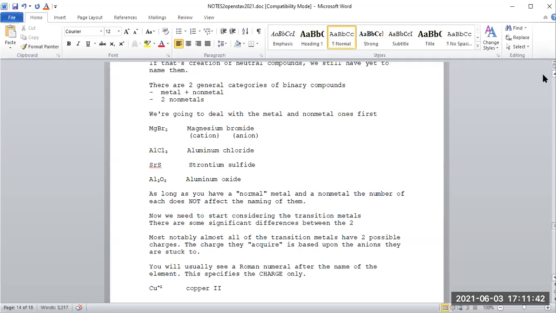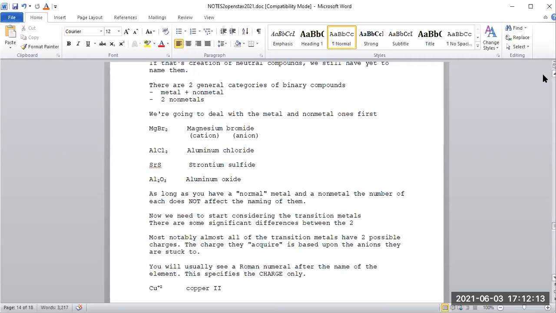Do not try to call it dialuminum trioxide. That is so very wrong. As long as you have a metal that I'm going to loosely refer to as the normal metals, to differentiate them from the transition metals, along with a non-metal, the how many you have has no effect on the name.